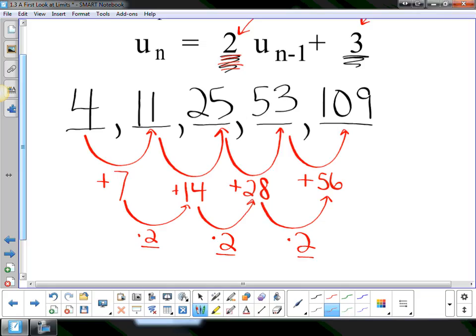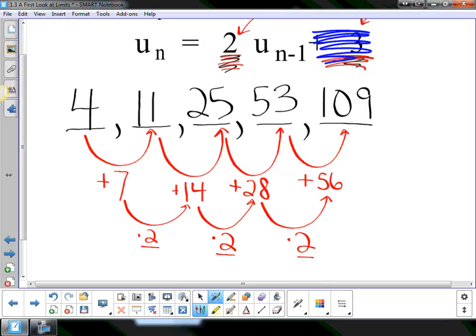Now, to figure out how the little plus 3 shows up, you kind of just do this. You say, okay, what if we didn't know this, and this is all we had, right? What if we thought that to get from here to here, you just doubled 4?